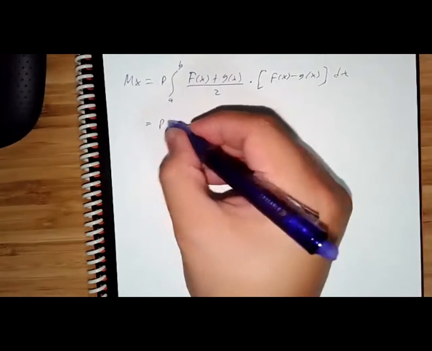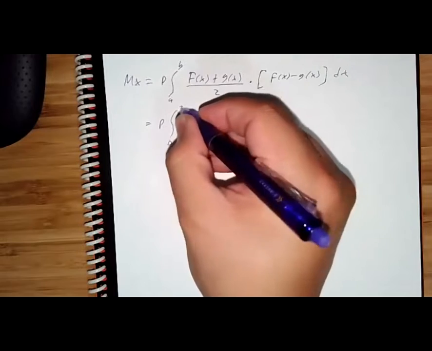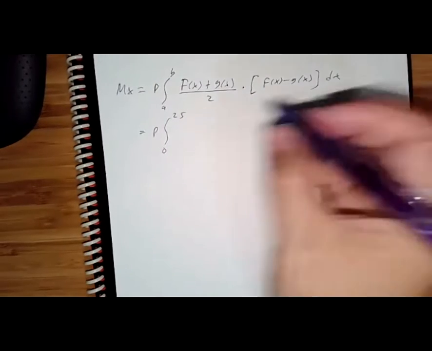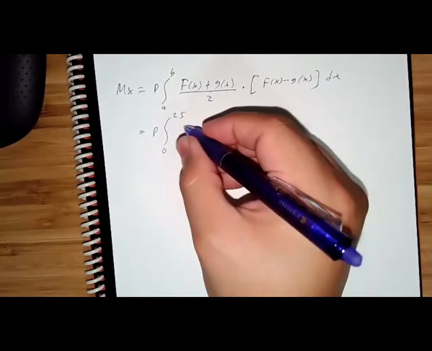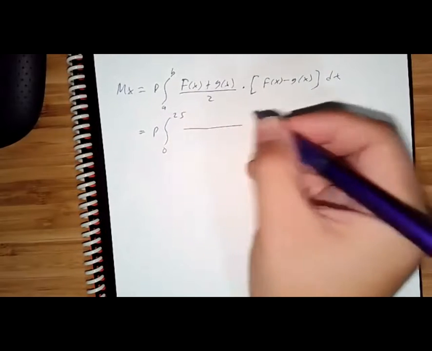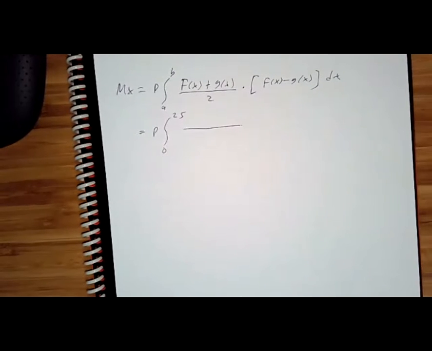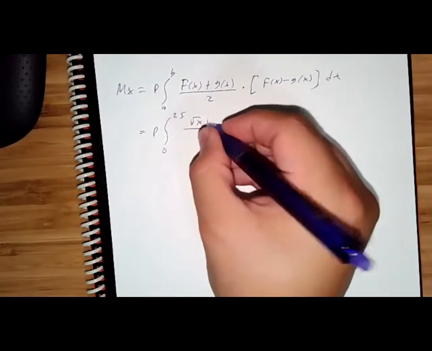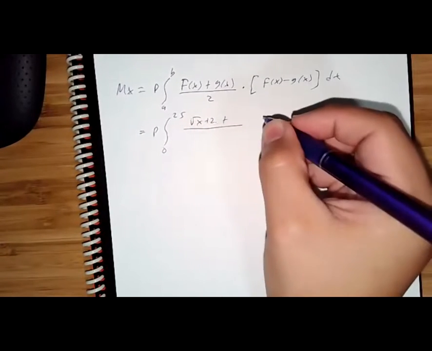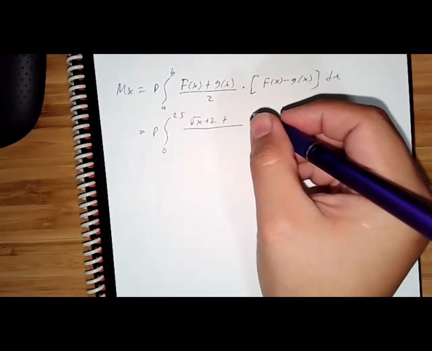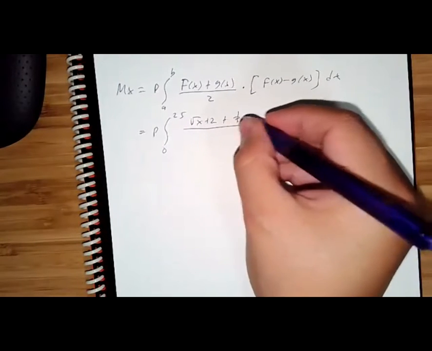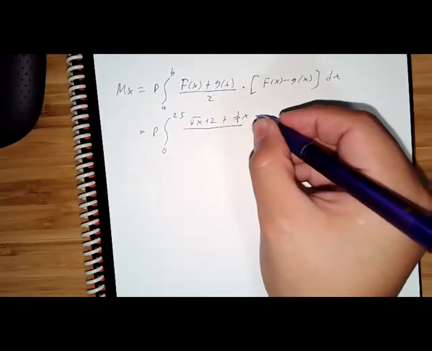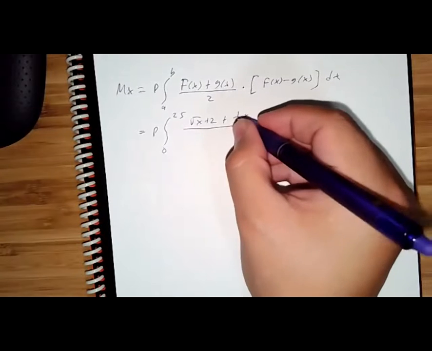So that will be p times the integral from 0 to 25 of f plus g over 2. What was f? Root x plus 2, right? G was 1/5 x plus 2, or what was it?